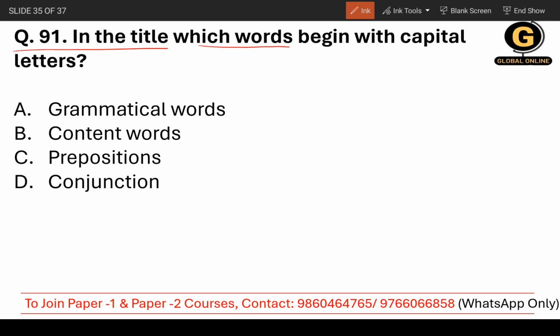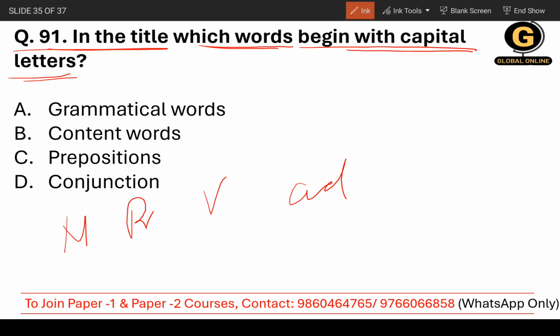In the title, which words begin with capital letters? See, I'll tell you. Nouns, pronouns, verbs, adverbs, and subordinating conjunctions we actually capitalize.